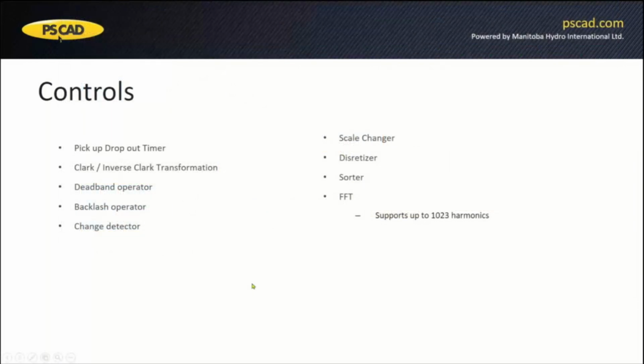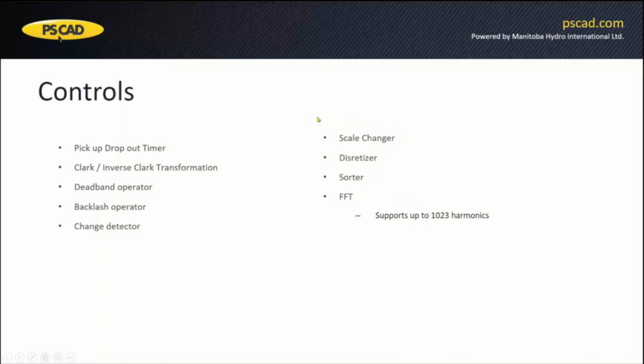So the next group of components are controls. We have a few new components: pickup, dropout timer, clock, inverse clock, deadband, backlash, and a component to detect a change in a signal.